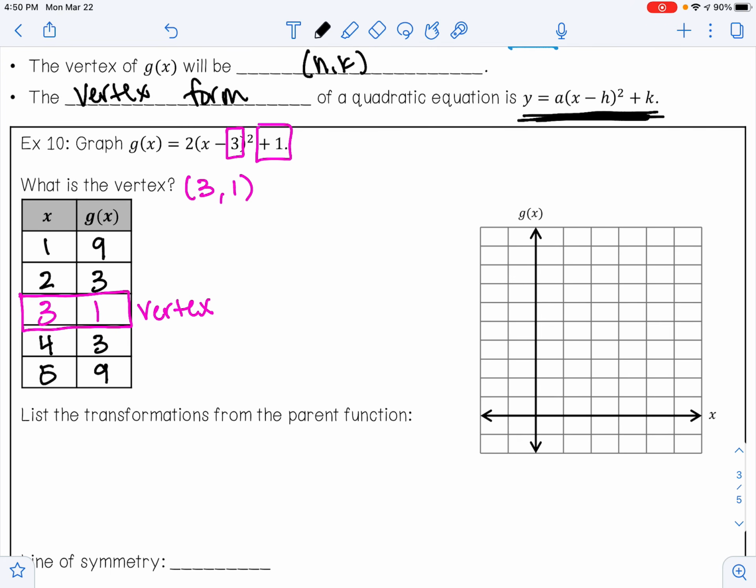And so I'm going to plot these points. Once I have those points, I can connect them to create a parabola. Remember, parabolas are U-shaped, not V-shaped.